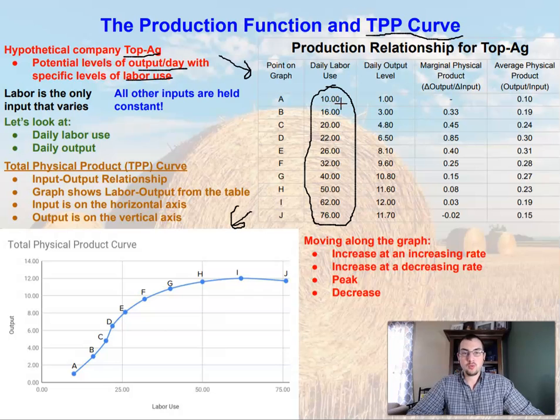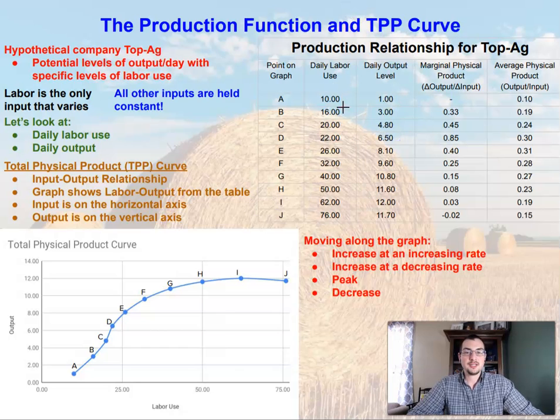So we start off with one person working 10 hours. We've got maybe two people working a total of 8 hours each, so 16 hours. Then we jump it up to 20. And then we see the daily output level. The daily output level begins at 1 unit, then it jumps up to 3 units, and then 4.8, and so on and so forth.